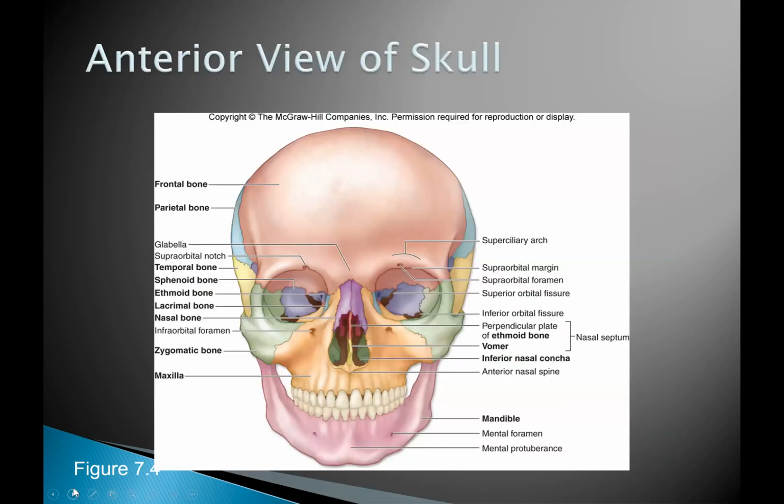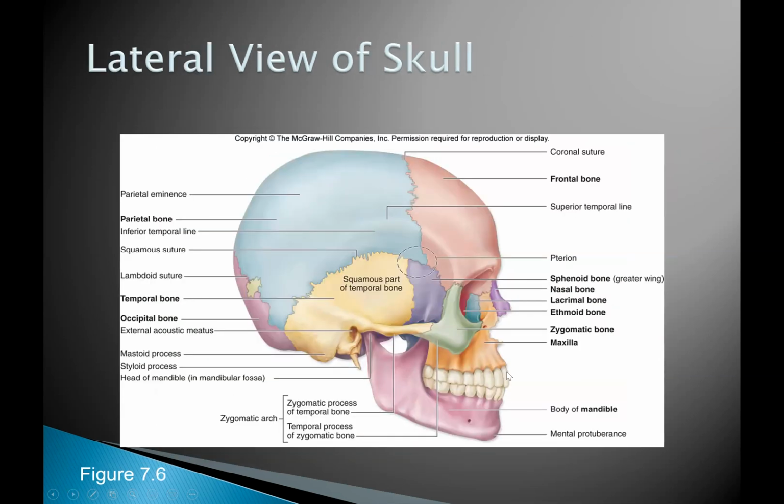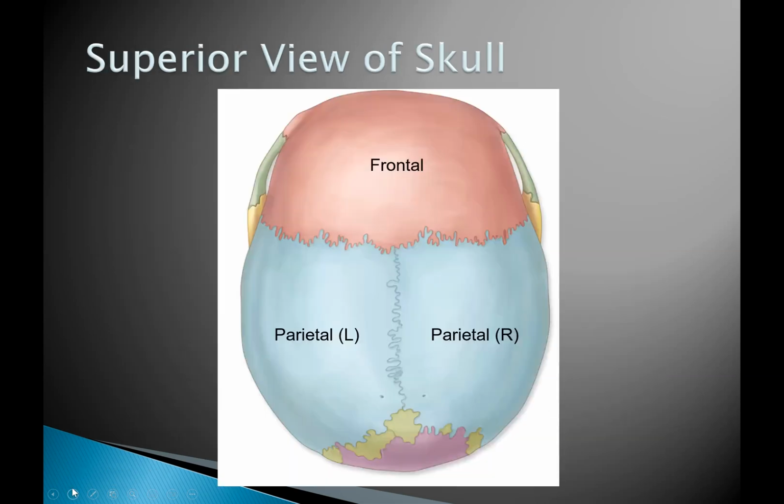So when we're looking at an anterior view of the skull, this is looking face on, right? This is a coronal view of the skull. You'll see a lot of different bones here. This is a lateral view, from the side. In fact, this is from the right side. This is from the top, a superior view.